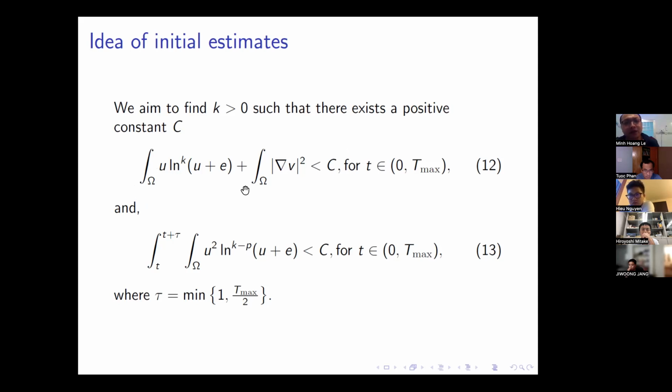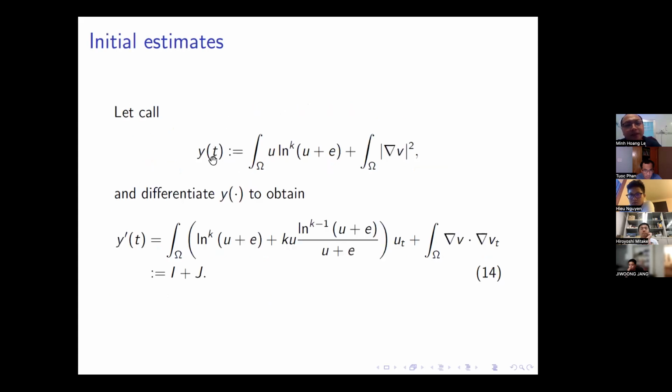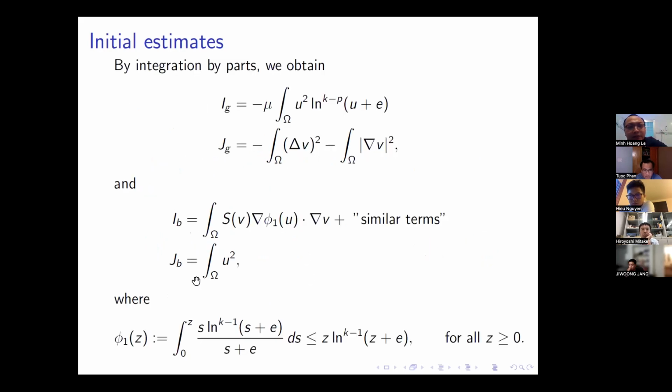Right? So if we consider k here, then we just apply the strategy we discussed at the beginning before. So we differentiate y, and we have some I plus J in here. I already computed I and J for you. So IG is a good term. We just need minus mu u square here, log k minus p, and JG is this term.